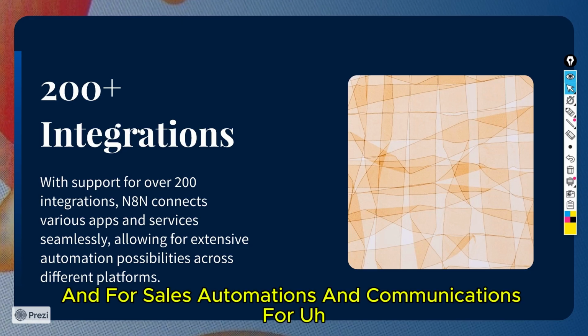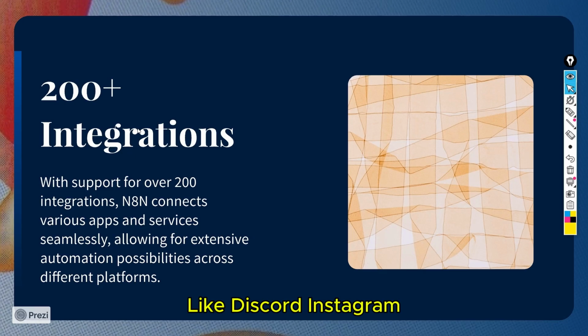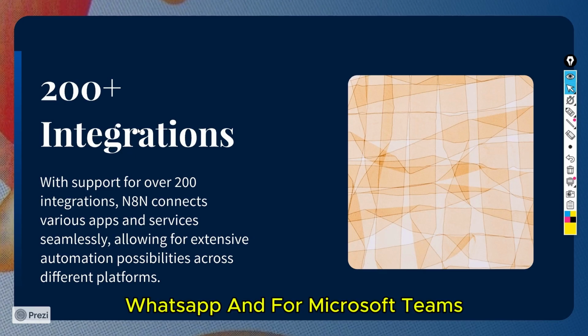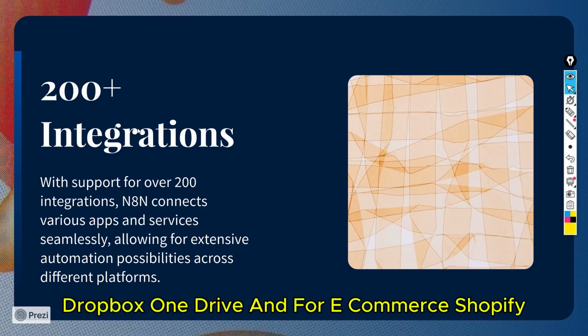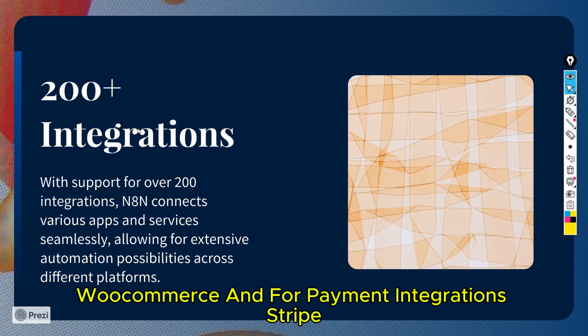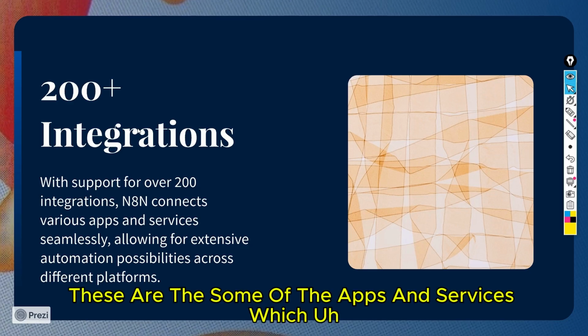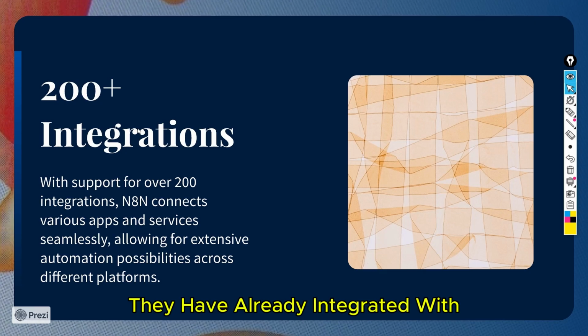For sales automations and communications, there are Discord, Instagram, WhatsApp, Microsoft Teams, Slack, and for storage services, Google Drive, Dropbox, OneDrive. For e-commerce, Shopify, WooCommerce, and for payment integrations, Stripe. These are some of the apps and services which they have already integrated with.